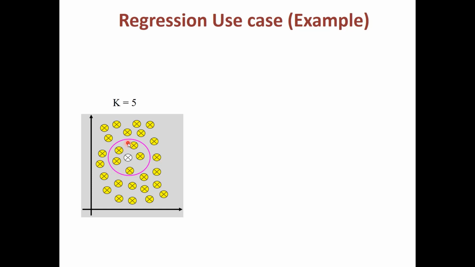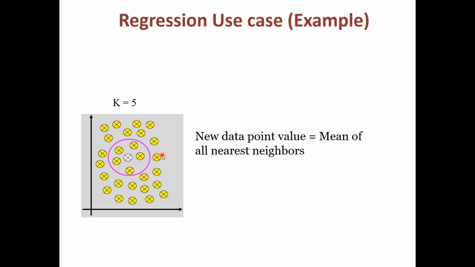It may take any value, depending on the application. If we want to assign a particular value to this test data point, it means we are trying to predict its value. How is it calculated? We find the mean of all these 5 nearest neighbors, and that mean value will be given to this new data point. This is how KNN can be used in regression.